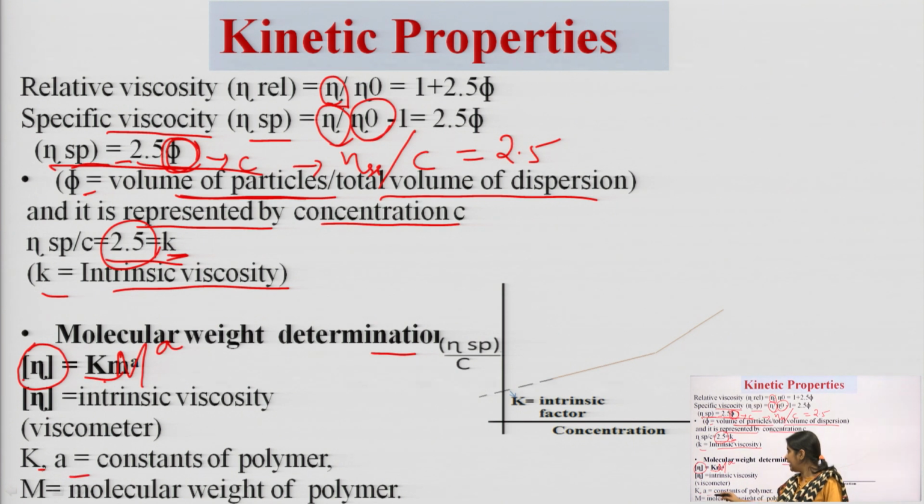This K and a are the constants of the polymer and M is the molecular weight of the polymer.